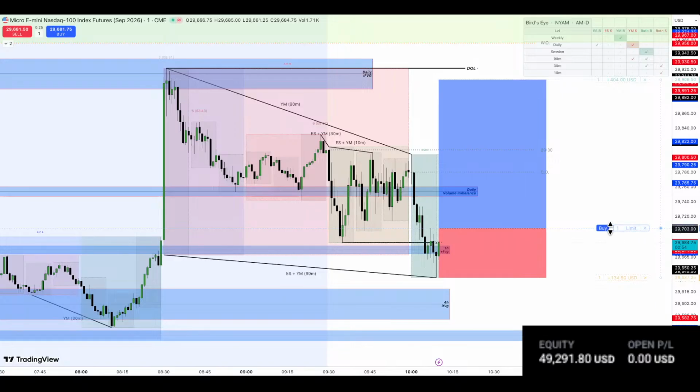Price closed above this low, so we're still fine. If it closes above here, then I'm gonna be placing a limit order here to go long. If it closes below here, then it's gonna be a different story now.